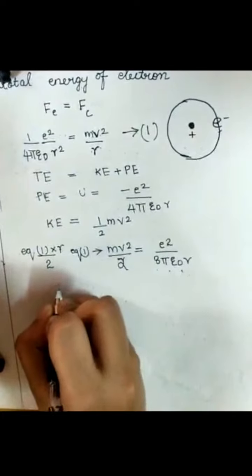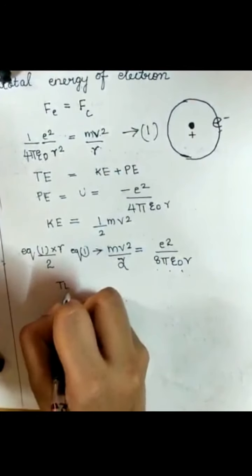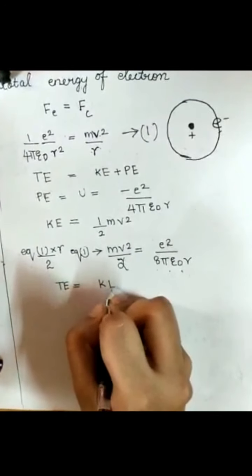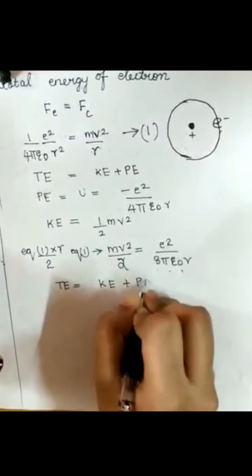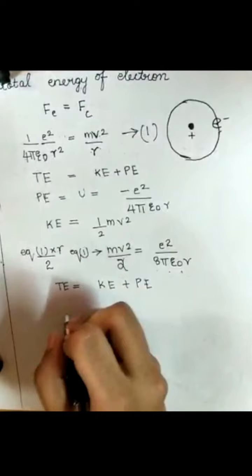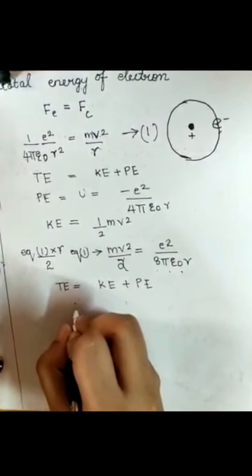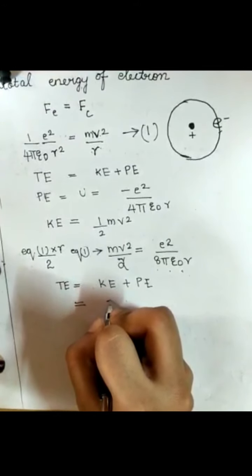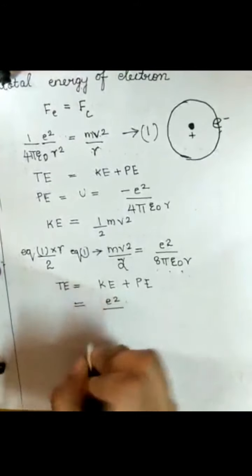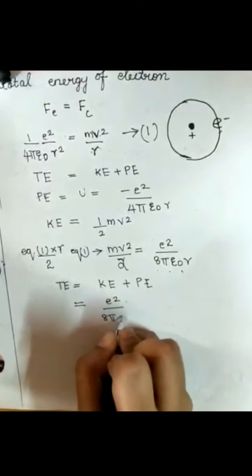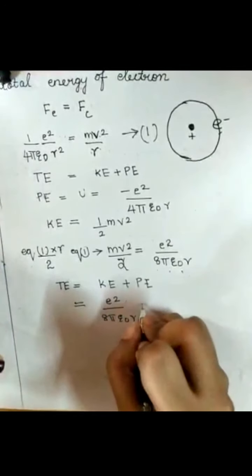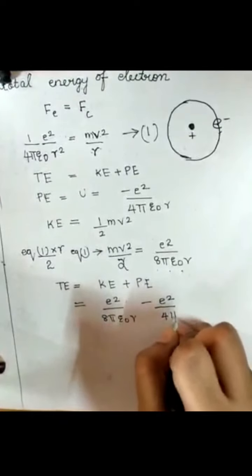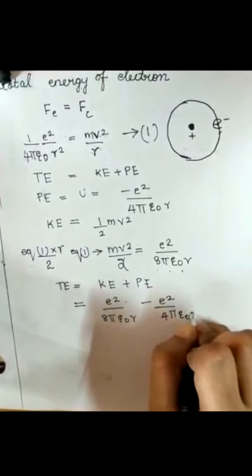Now it is easy to find the total energy of the electron, that is kinetic energy plus potential energy. Kinetic energy is e square by 8 pi epsilon 0 r, and potential energy is equal to minus e square by 4 pi epsilon 0 r.